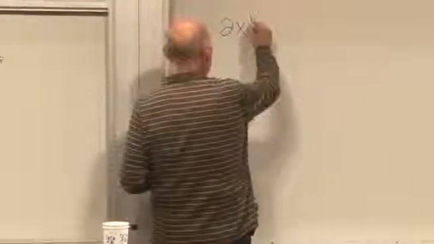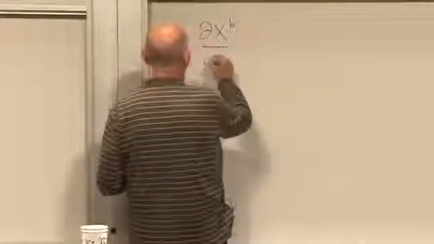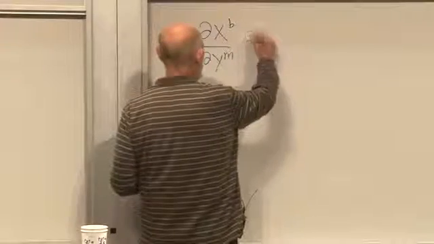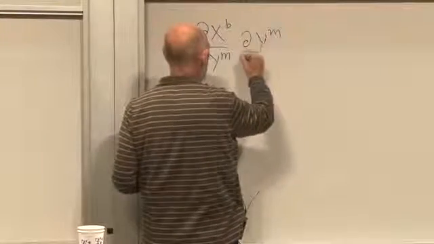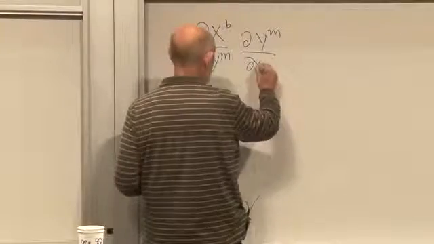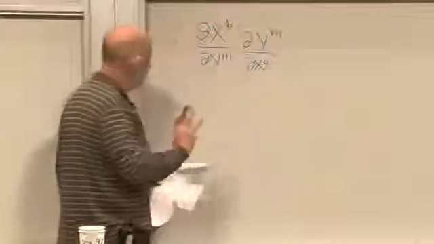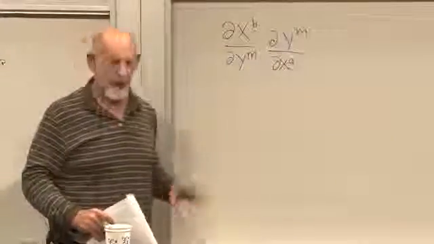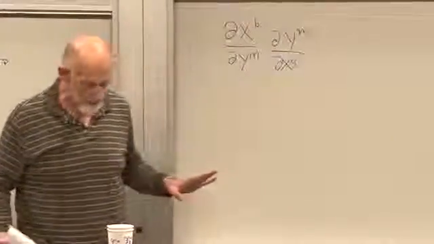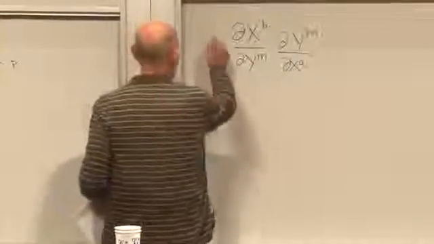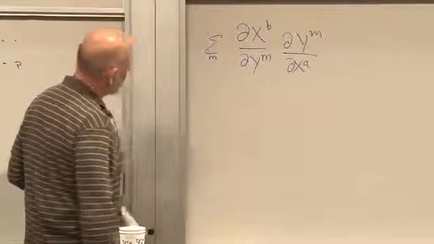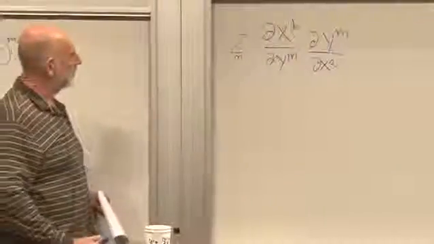Take ∂x^b/∂y^m, multiply that by ∂y^m/∂x^a, and implicit in this formula is a sum over m. Implicitly, this means sum over m. What is this object? Anybody know what this object is?